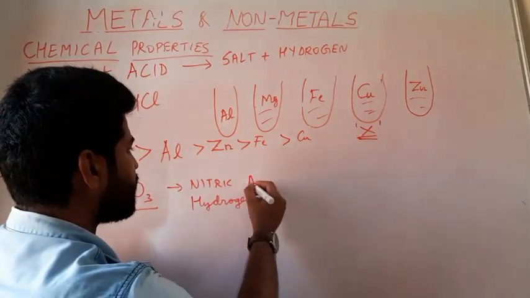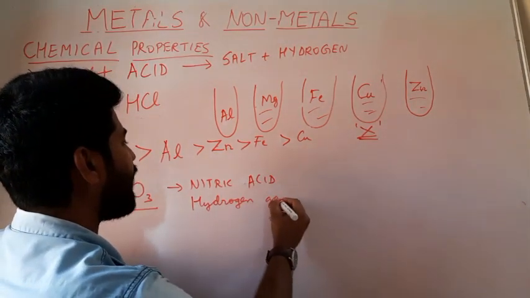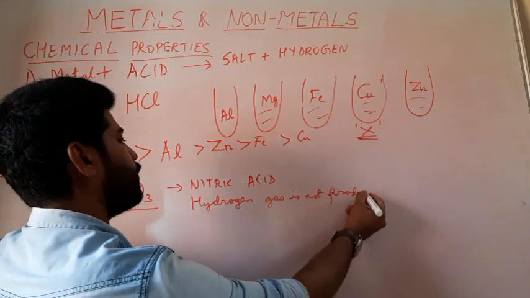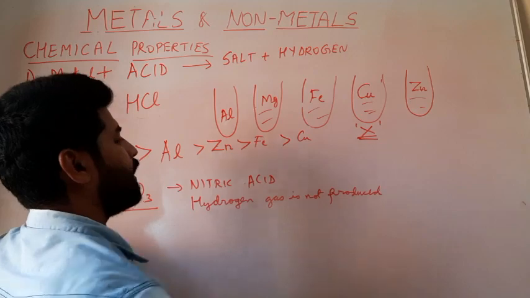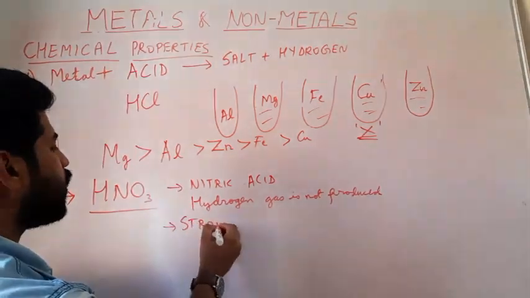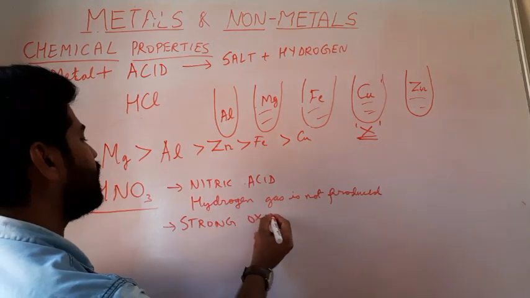With nitric acid, hydrogen gas is not produced. This is because nitric acid is a strong oxidizing agent.